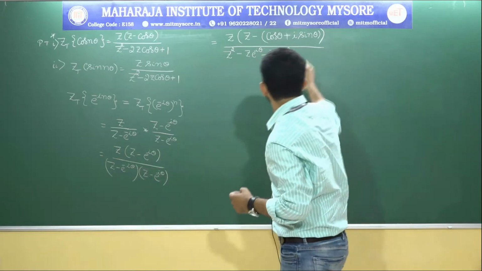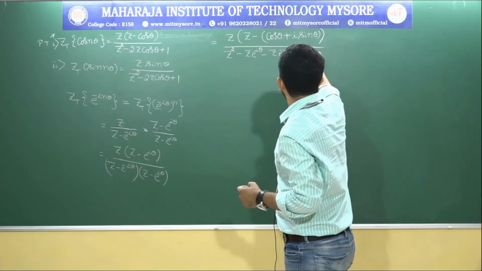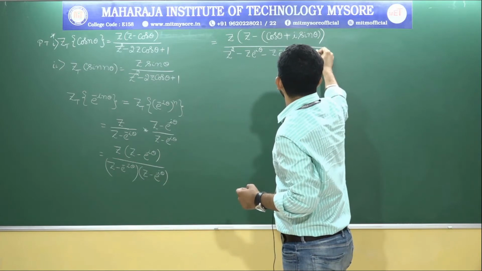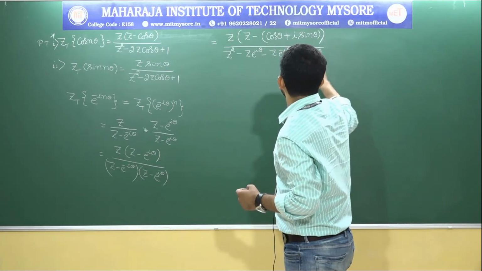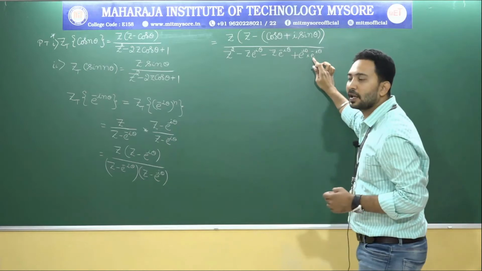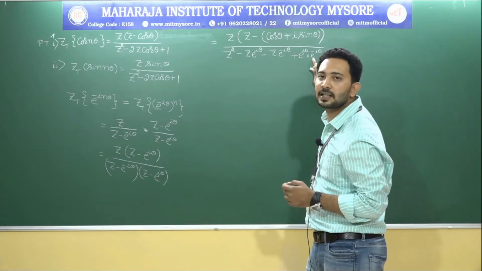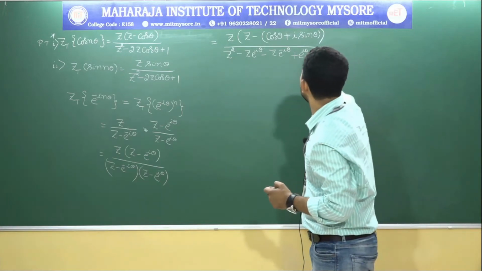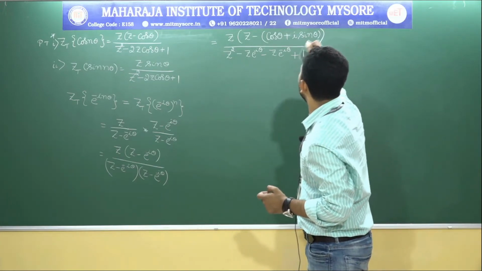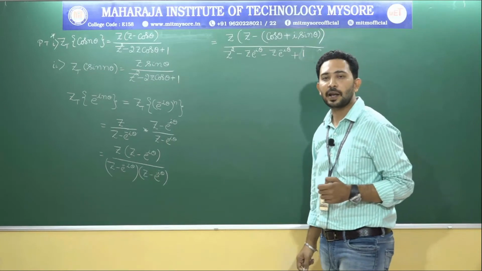Next, minus into minus is plus, so we get e power i theta into e power minus i theta. A power m into a power n is a power m plus n, so the exponent i theta minus i theta is 0, and e power 0 is 1. So directly I can write this as 1.